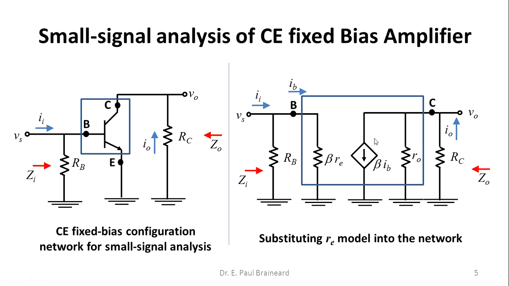Here, this is a current source whose magnitude is dependent on the input base current. We are also taking into account the early effect, which is represented here in the form of a resistor whose value is ro. And RC is the collector resistance. What exactly we are doing here is, the bipolar junction transistor is replaced by an equivalent re model.